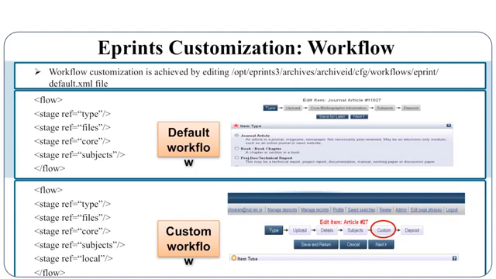So, it may not be archive ID as indicated here, it will be the folder name you have given. Then go to cfg, workflows, eprint, default.xml. So, here you can change that workflow, okay?